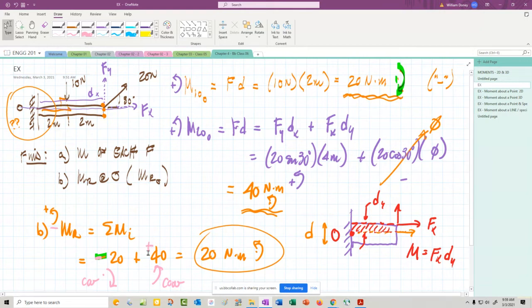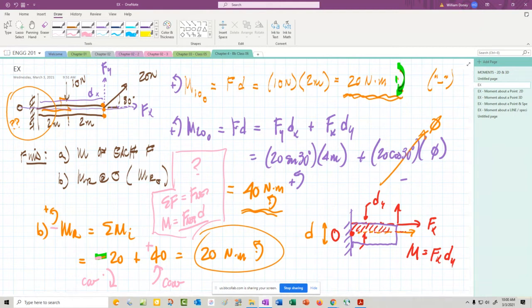Now you may ask, hey, why can't we do what we did in the last chapter and sum up all the forces to get an F net and then find the moment from the F net or F resultant distance? Great question. We can in certain situations. In this situation, for this problem, we cannot.